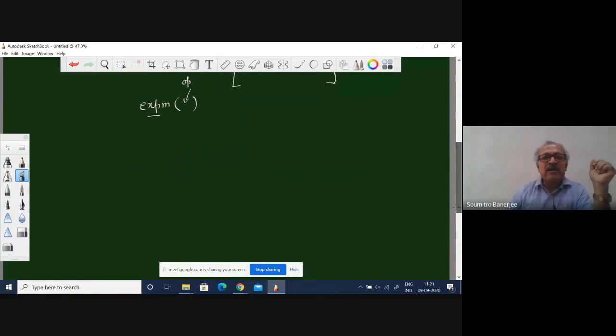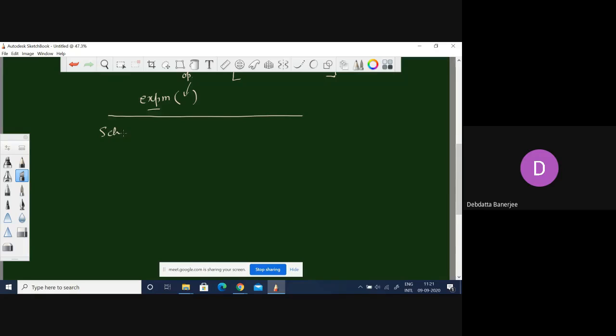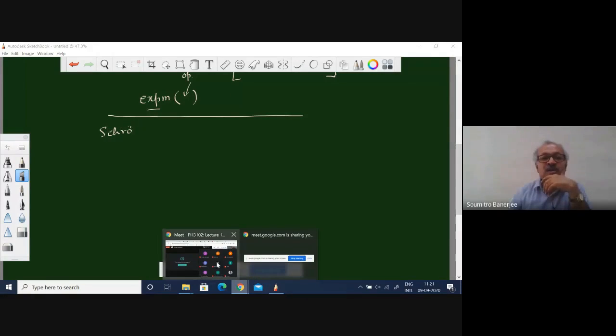We can quickly illustrate one application of the function of operators. The Schrodinger equation. So may I interrupt you once? Sure. Yes. Who is it?